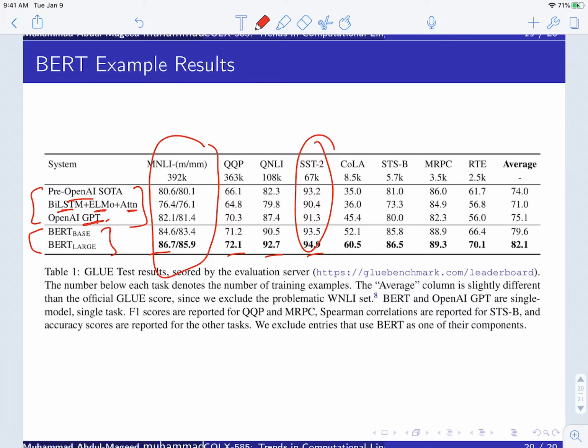And they show that Bert exceeds a lot of these other models by a big margin. Look here, this is 60.5 versus the best non-Bert model, which is 45. So this is really a huge margin, right?